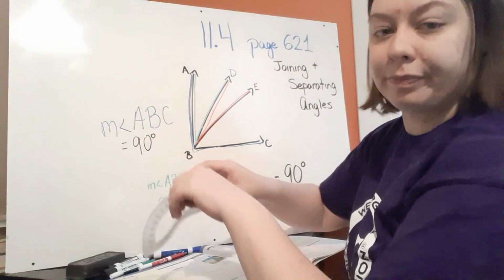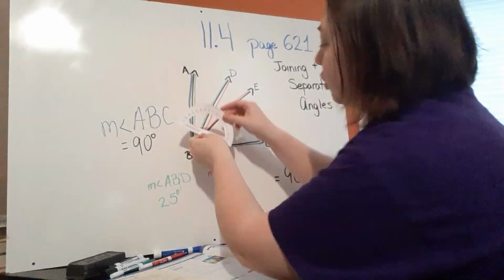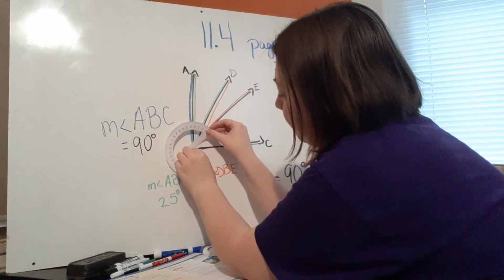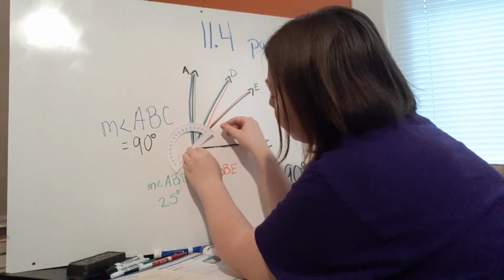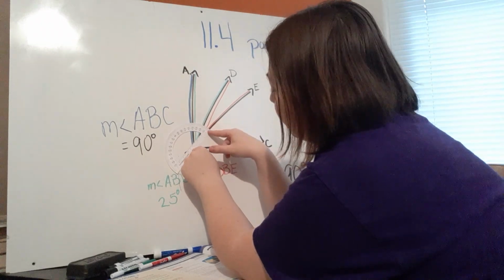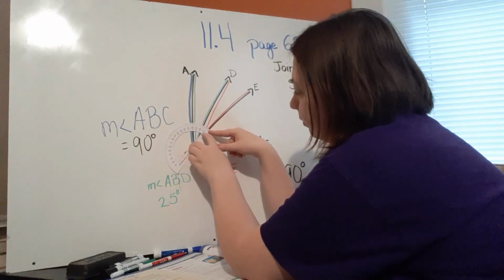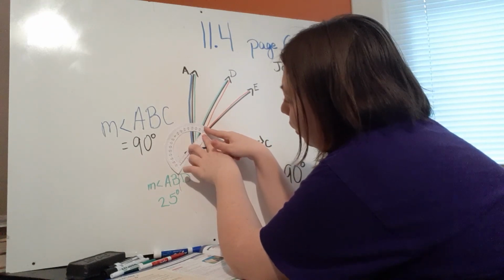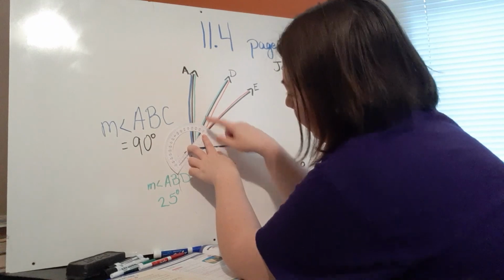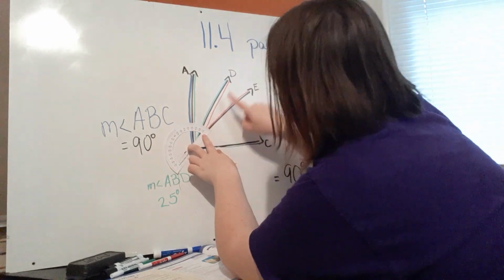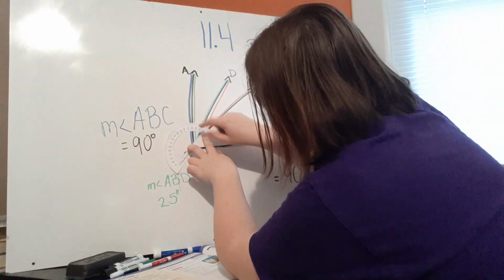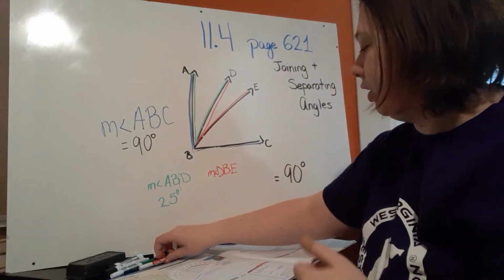So again, the hole on my protractor is getting lined up with the vertex at B. I'm lining up the ray BE with 0 on my protractor. And then I'm going to look over and see where my ray BD lines up. So the measure of angle DBE is about 15 degrees.